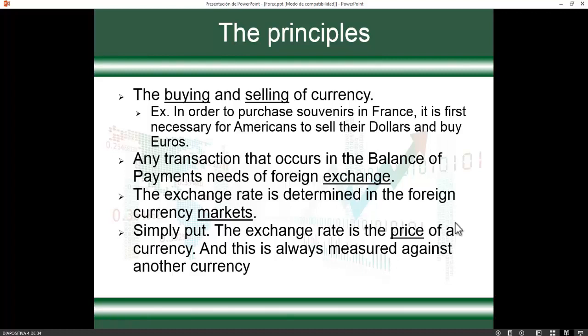So, in a very blunt example, if you have euros and you think that the dollar is coming up in value against the euro, then you would obviously buy dollars with your euros, and at the same time you will be selling your euros for dollars.